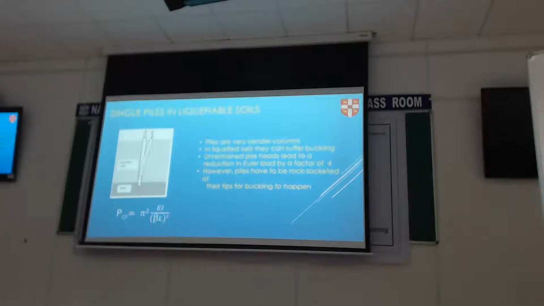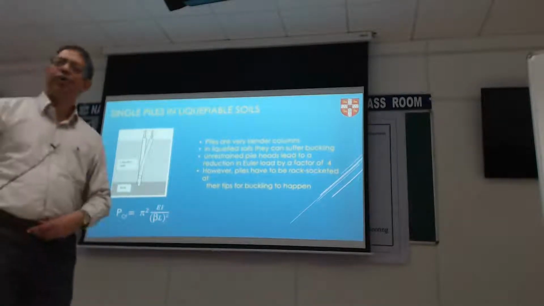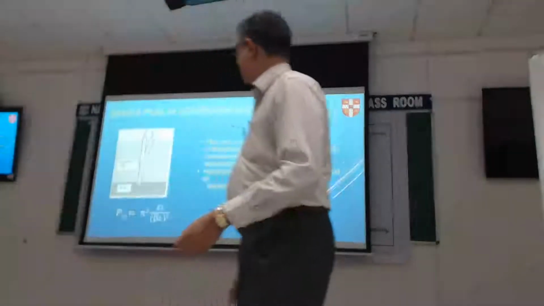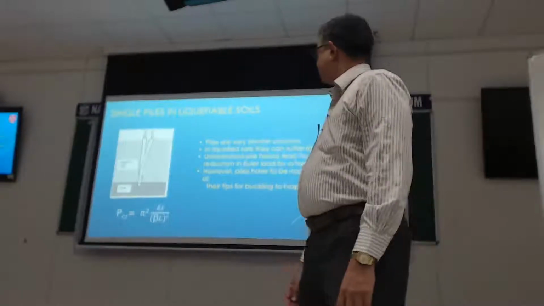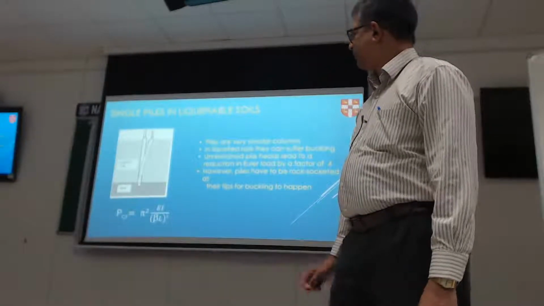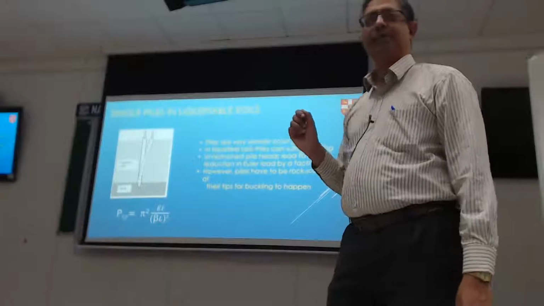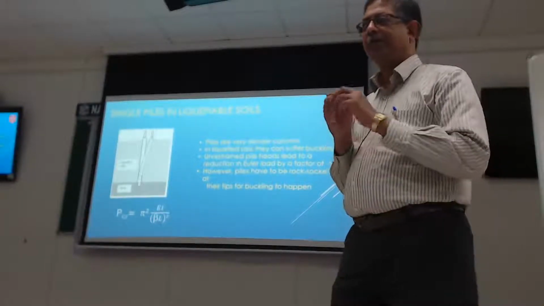In our undergraduate classes, we all learned Euler's critical load equation is pi squared EI over beta L squared. Now, the value of beta is important.